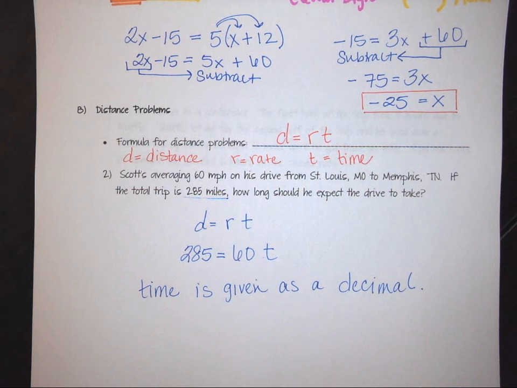If you were to look at a stopwatch, one of the things you should notice is that it counts up in terms of a decimal. It does not count up in terms of fractions. So when you're dealing with time in your problems, it's safe to give your answers in terms of the decimal. So you're going to take that 285 and divide it by the 60.